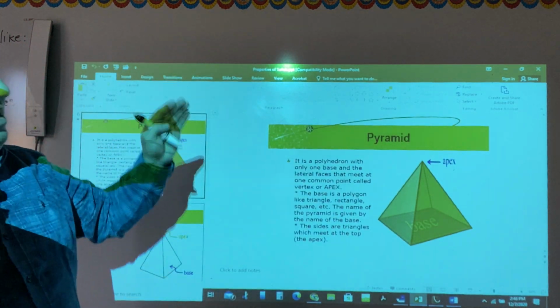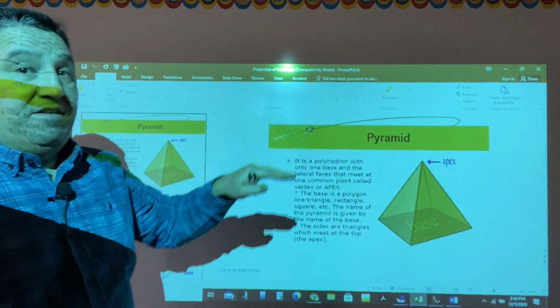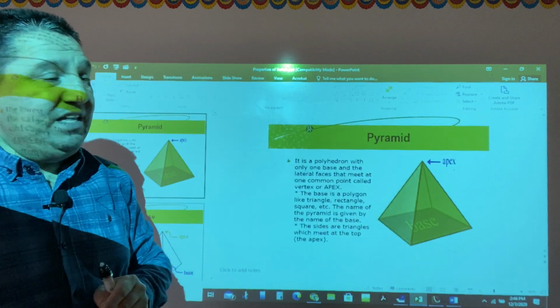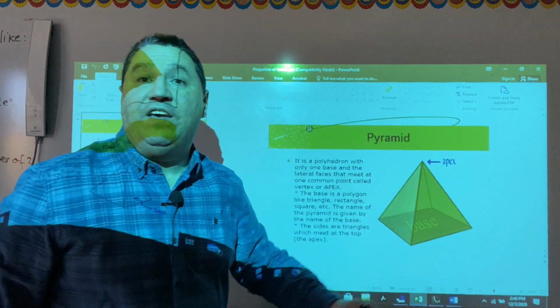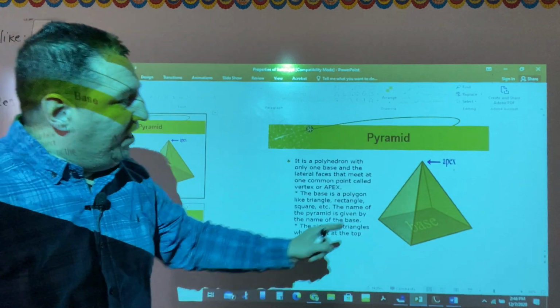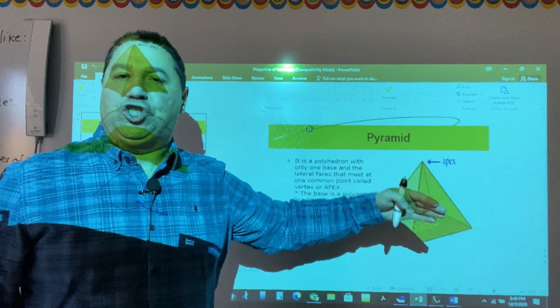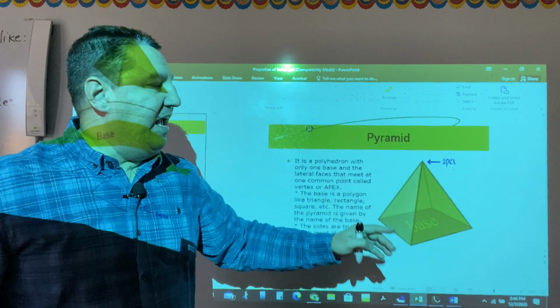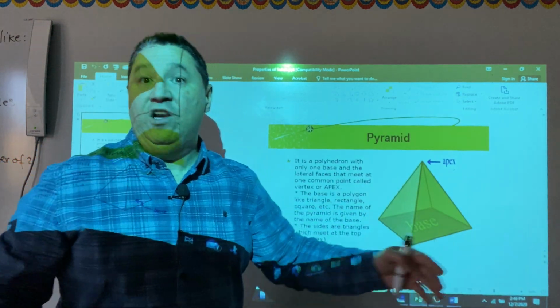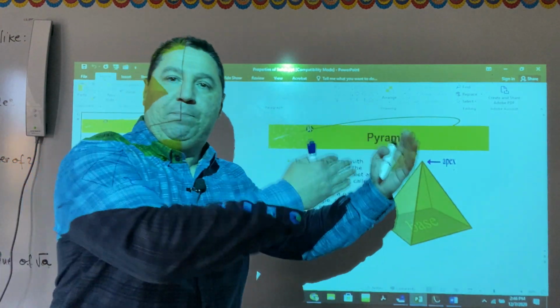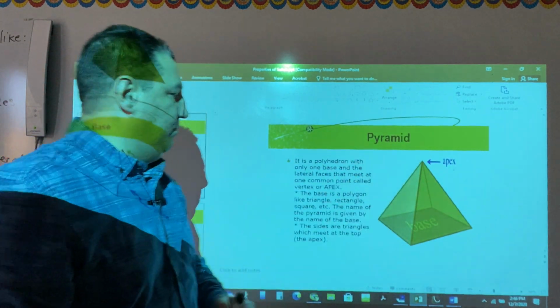Now, again, the name of the pyramid is given by the name of its base. If the base is a square, we call it a square pyramid. If the base is a rectangle, we call it a rectangular pyramid, and so on.